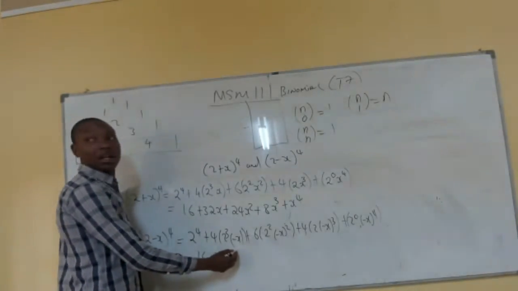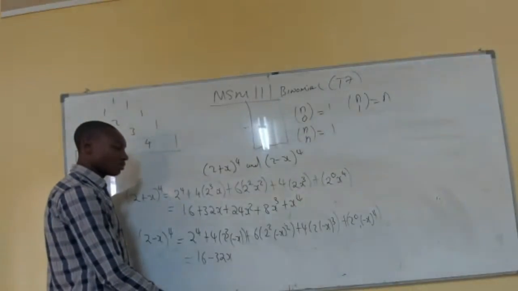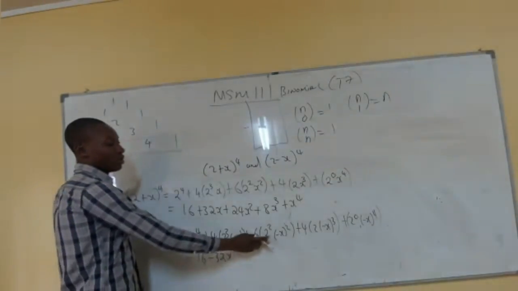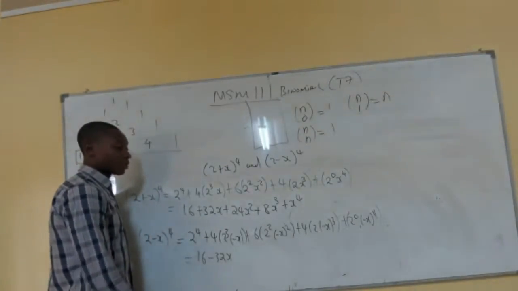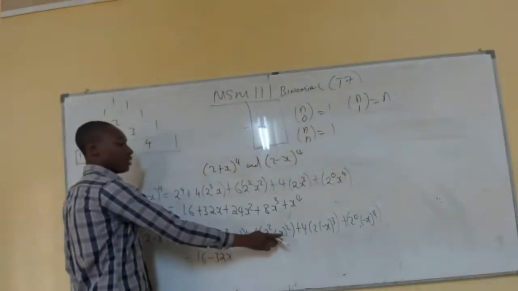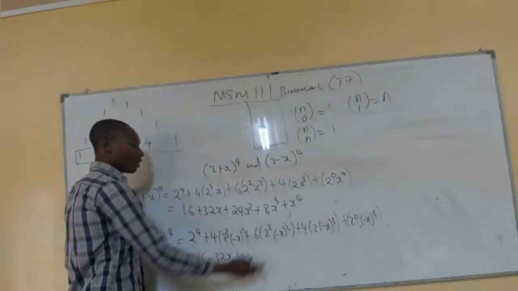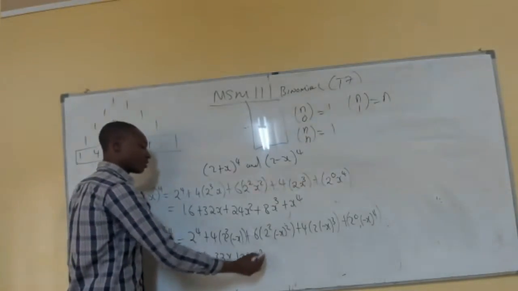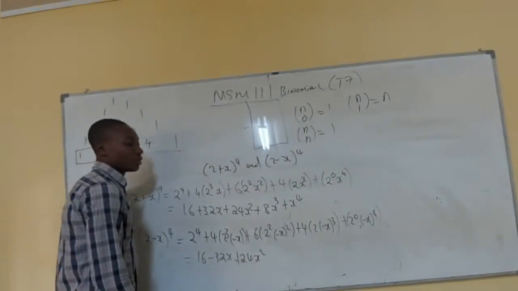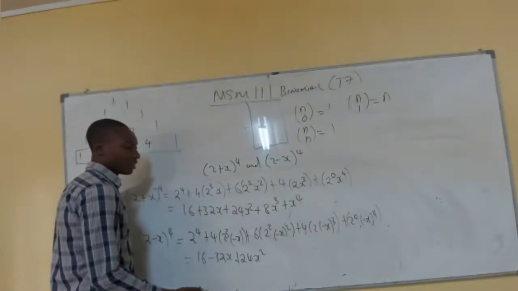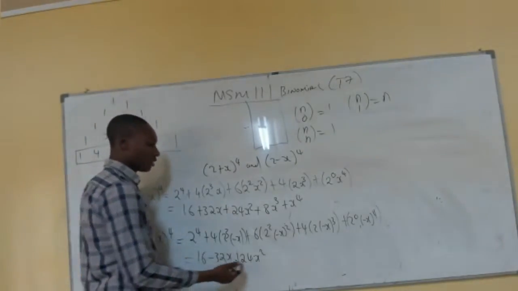Then 2 to the power 2 is 4, so it's going to remain the same, 24. When you square a negative number, it still remains positive. So if it's negative, it becomes positive.